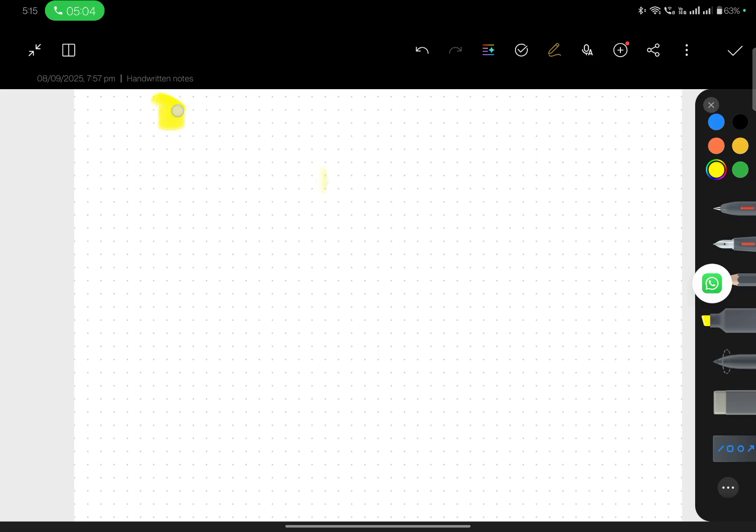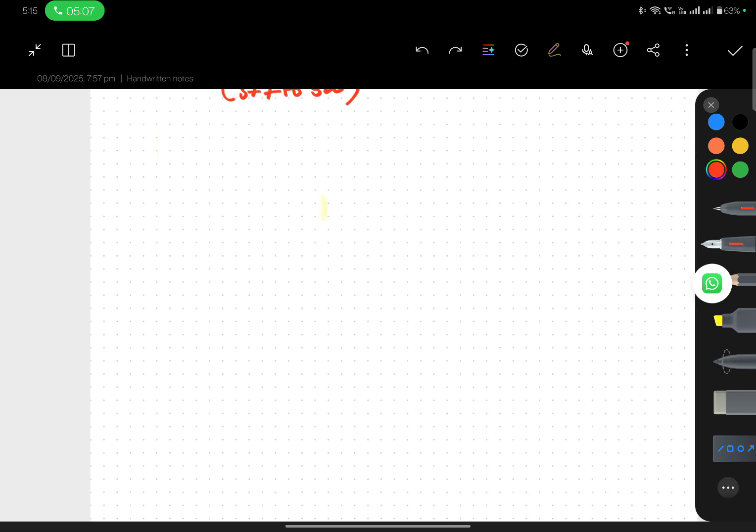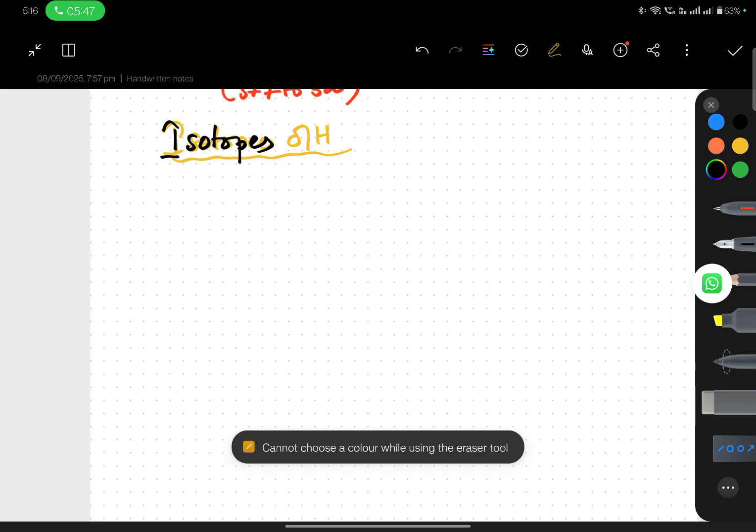Write down isotopes of hydrogen. Before I go into isotopes of hydrogen, tell me what is the meaning of isotope or isotopes? Very basic question I'm asking. It seems you have forgotten everything from 10th.